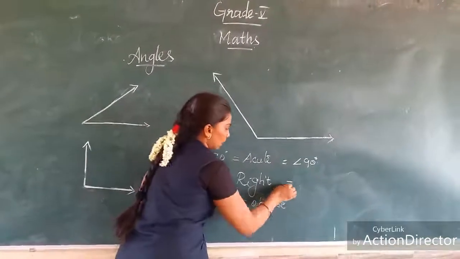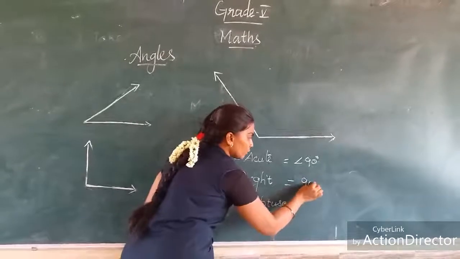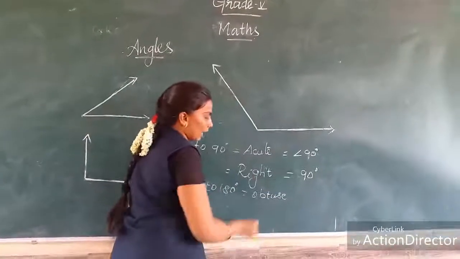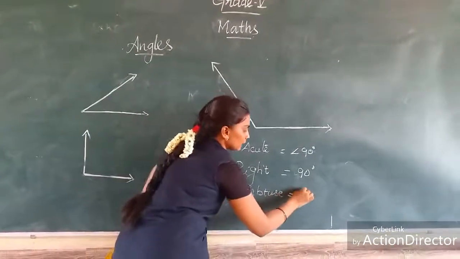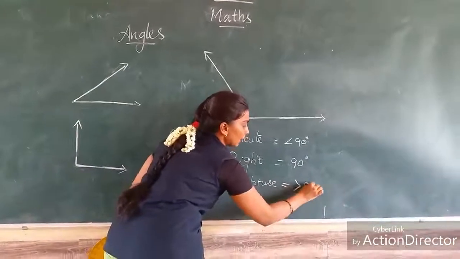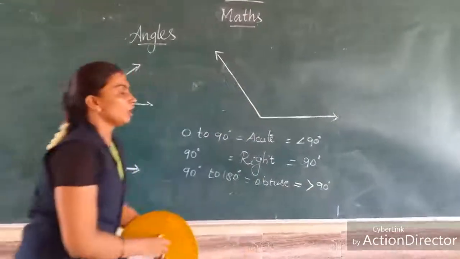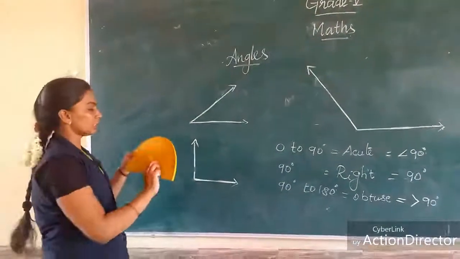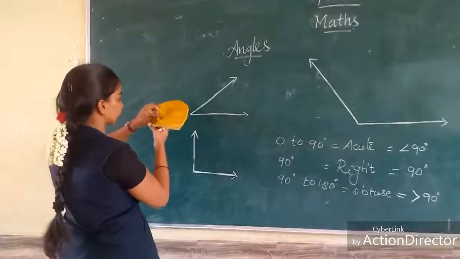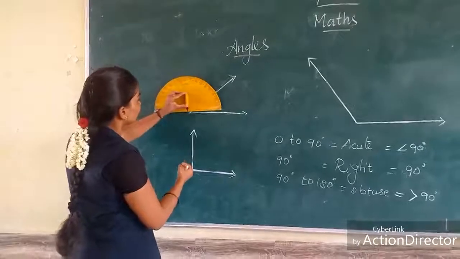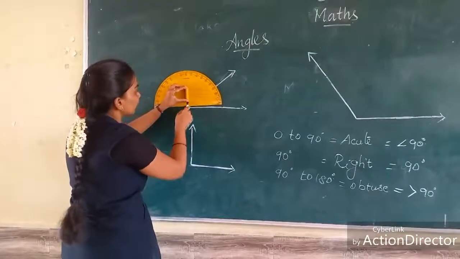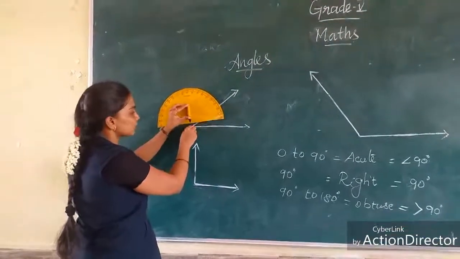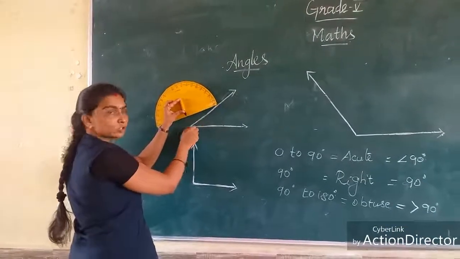Right angle is equal to 90 degrees and an obtuse angle is more than 90 degrees. Okay. Now I am going to measure the angle using the protractor. See, the middle of the protractor you fix at the intersection of two lines.